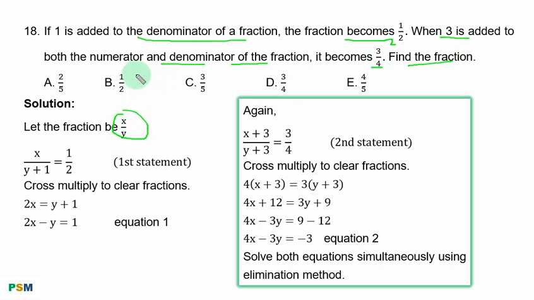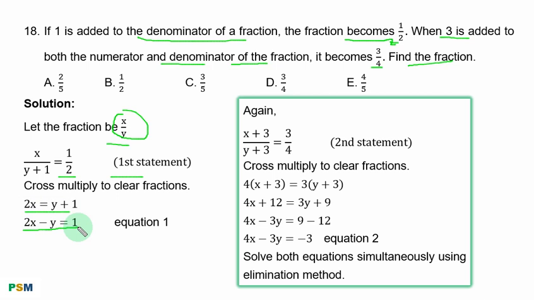From the first statement, you add 1 to the denominator y. You have s over y plus 1, and the fraction becomes 1/2. First statement. Cross multiply to clear fractions. You have this result. Let's transfer the variables to one side. So you transfer plus y to the left. You have 2s minus y equal to 1.